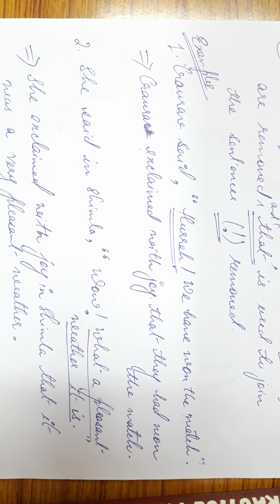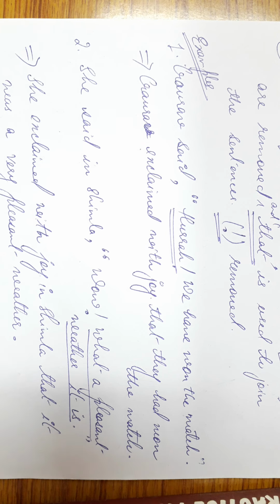After understanding this, you have to supply the right reporting verb and the rest of the changes that we have seen, which occur in case of converting sentences from direct speech to indirect speech. So they are the same.